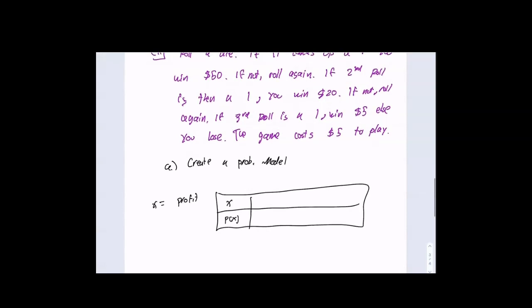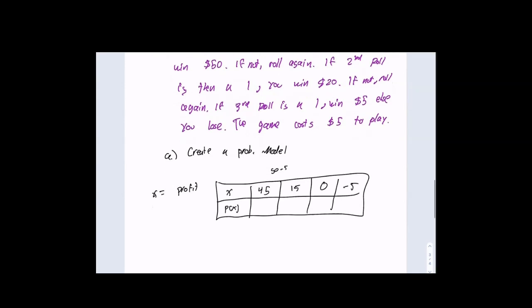If you paid $5 to play the game and then you say, hey, here's $50, you rolled a 1, did you win $50? No. You really won $45 because it's 50 minus 5. And if you won 20, you really won 15. And if you won 5, you really didn't win 5, you won 0. And then if not, you lose the game.